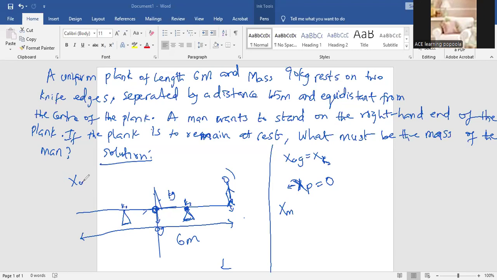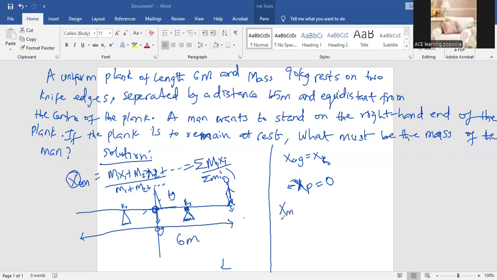If you remember, for center of mass we did M1 X1, M2 X2, and so on, divided by M1 plus M2, and so on, which gives us summation MiXi over summation Mi. This X refers to the center of mass, which is equal to center of gravity. So I don't want you to be confused, okay?